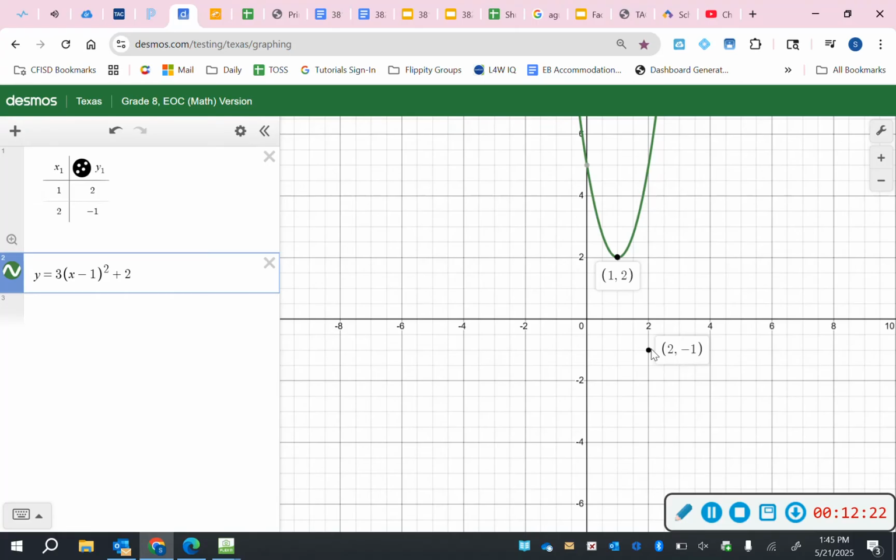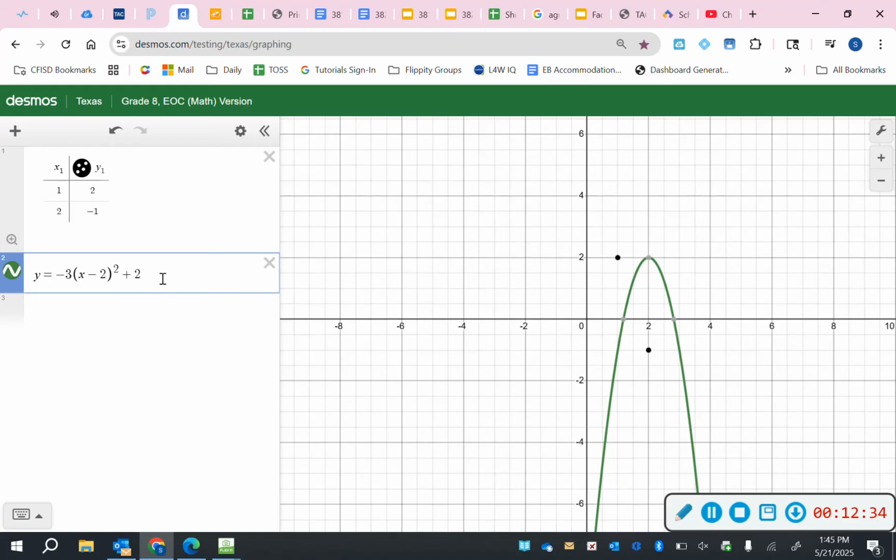So A is out. So now I'm going to check answer choice B, which is -3 times x minus 2 squared minus 1. So this one has a vertex at (2, -1). That's not where we want our vertex to be. That one's out.